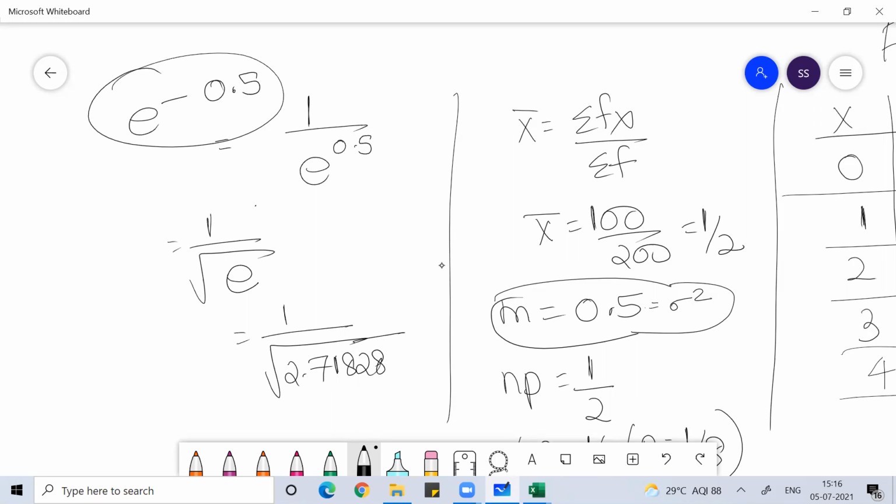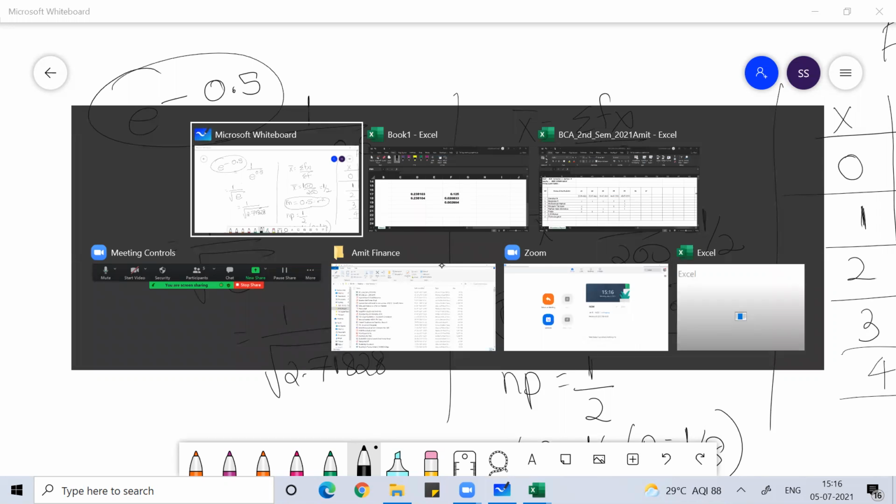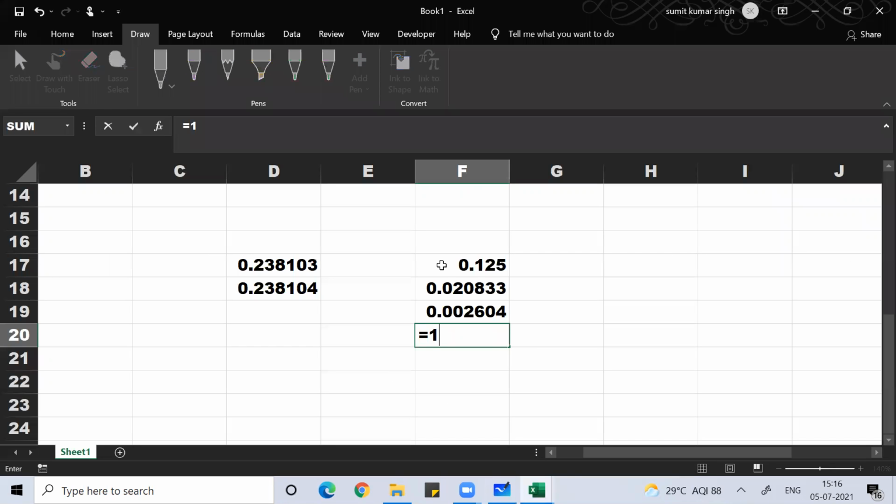In case in the exam, if a scientific calculator is not allowed, the question comes how you can solve it. With a calculator, either simple or scientific, you can easily find the square root of 2.71828, and then 1 by that value. 1 divided by square root of 2.71828 gives 0.606531, or e to the power minus 0.5.